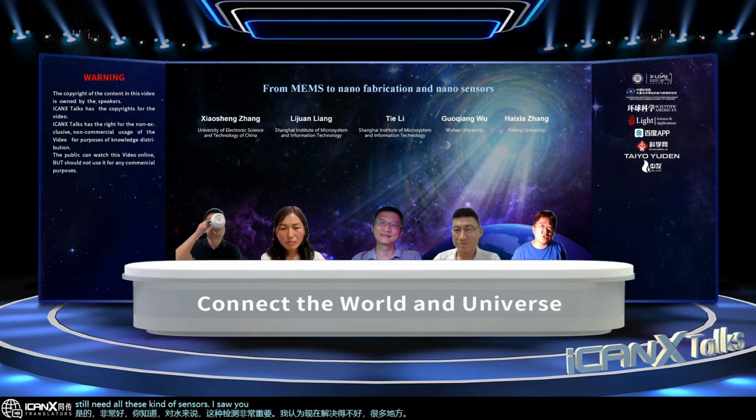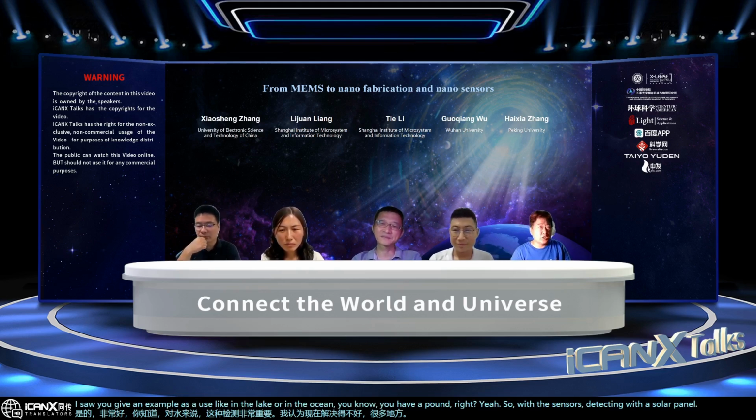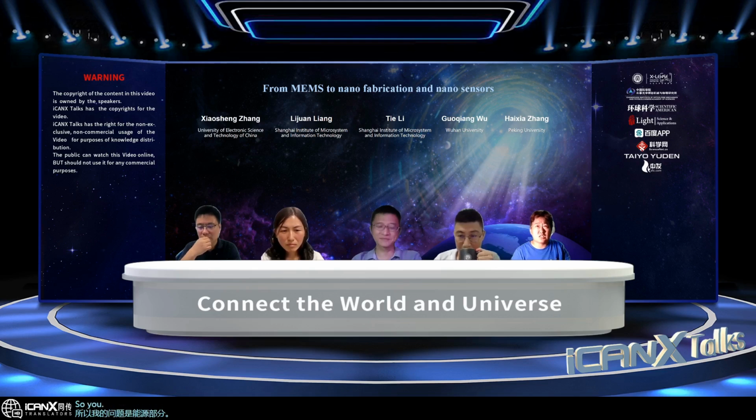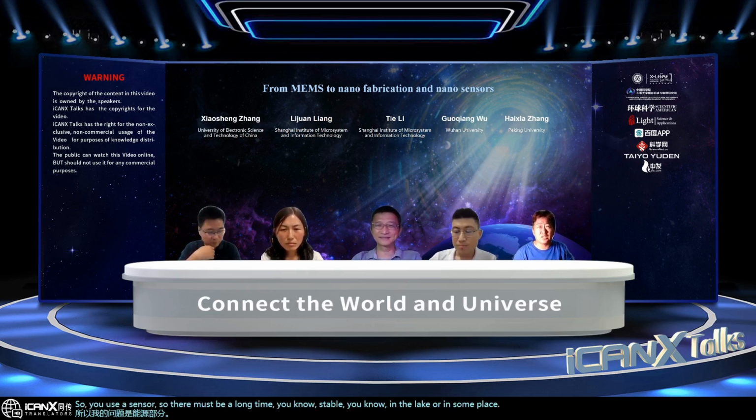I saw you give an example of use in the lake or in the ocean, with a tank and sensors detecting, with solar panels on the surface. My question is about the energy part. The sensors must be stable for a long time in the lake or some other place. Is the solar panel good enough for the energy?